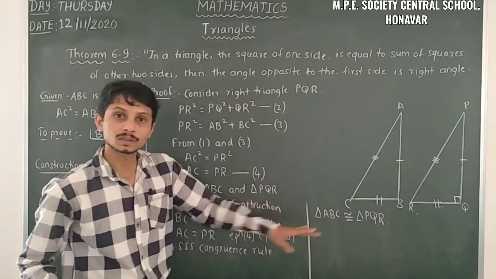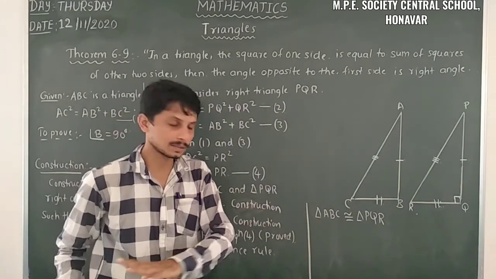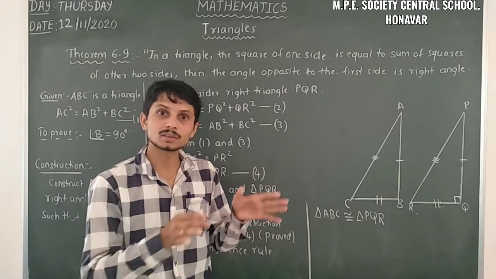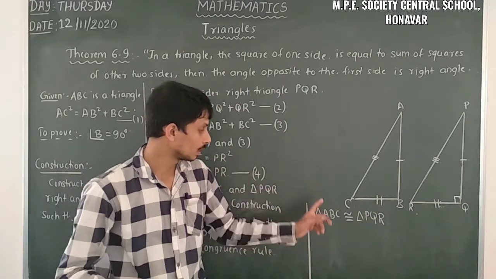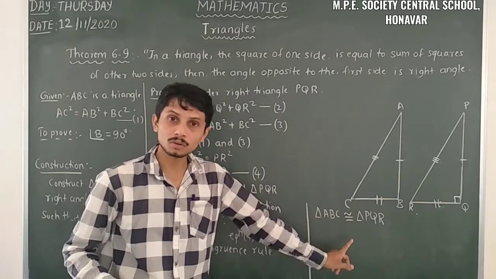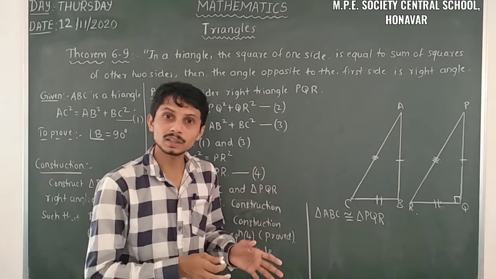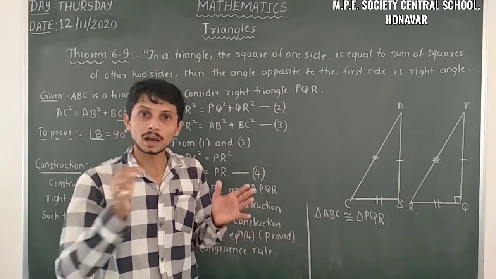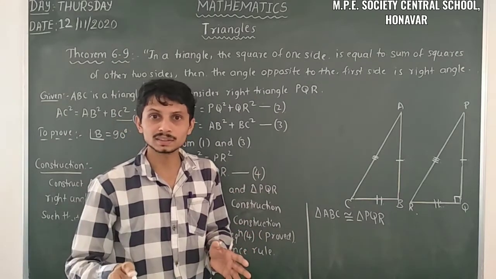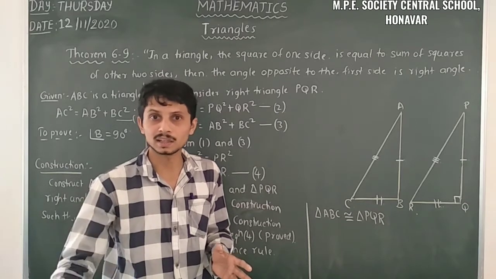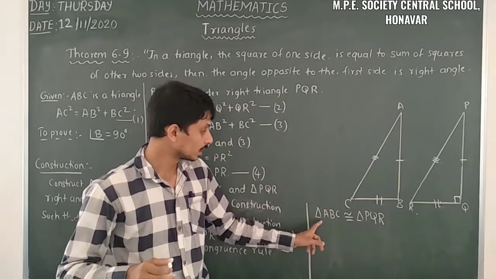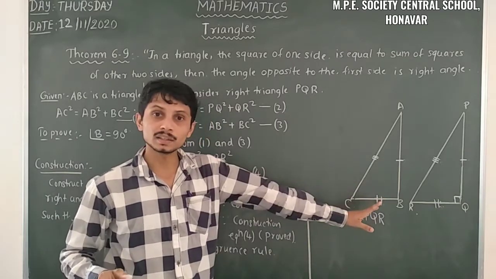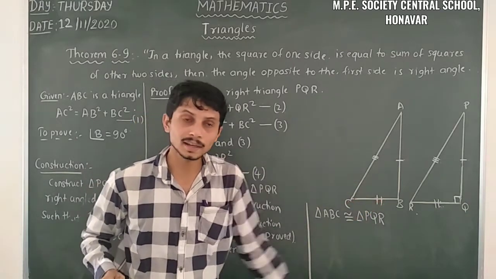Similarity is different, congruence is different. Similarity means those two look alike, so their corresponding sides are proportional. But when we have congruency, the corresponding sides and corresponding angles are all equal, and the areas of the two triangles are also the same. So we know that.